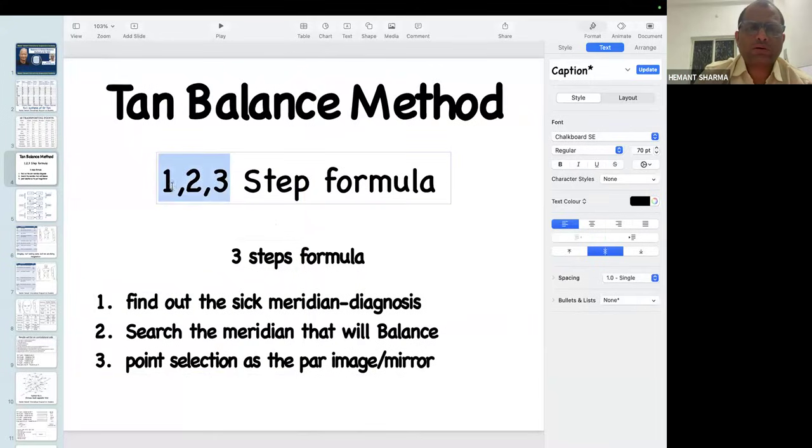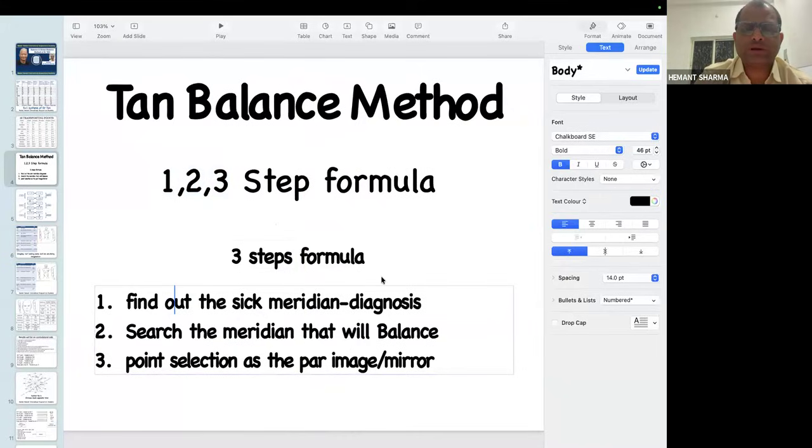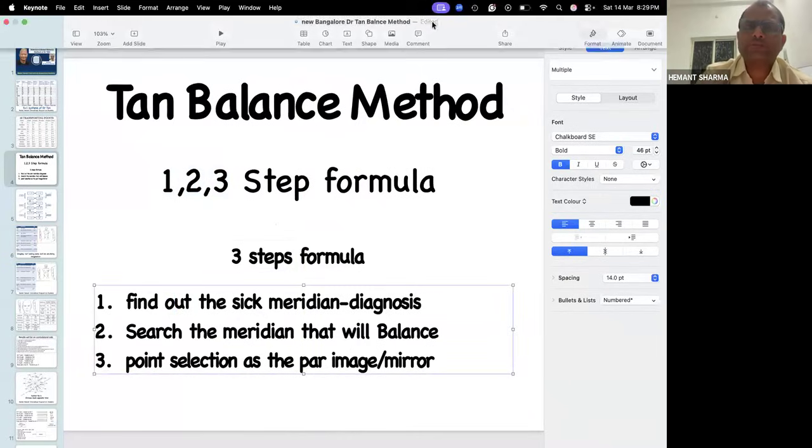The point number 1, find out the sick meridian. We have to ask the patient, where is the pain? This method will not work if the patient is not able to tell you where the problem is.